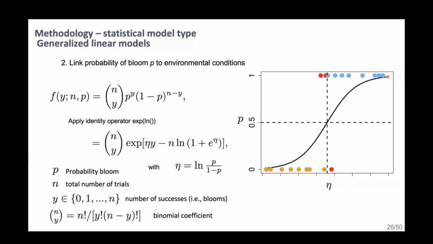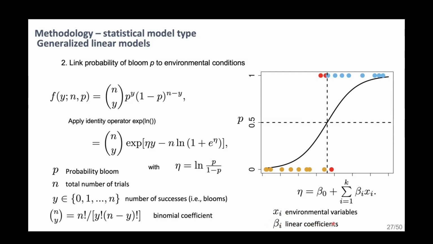And in a generalized linear model, we assume that eta is related to the environmental conditions using a linear relationship. So eta is a constant beta 0 plus a linear combination of your environmental variables, xi, like salinity, temperature, and so on. And then the beta values are just the linear coefficients.